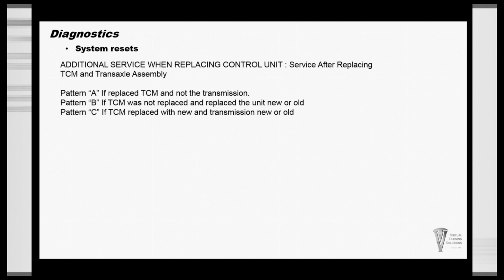Pattern B is if the TCM was not replaced and we replaced the transmission with a new transmission or a used transmission. And pattern C is if the TCM was replaced along with the transmission, new or old computer. So we have 3 different patterns. Most of the time we can do these steps and take care of the resets.